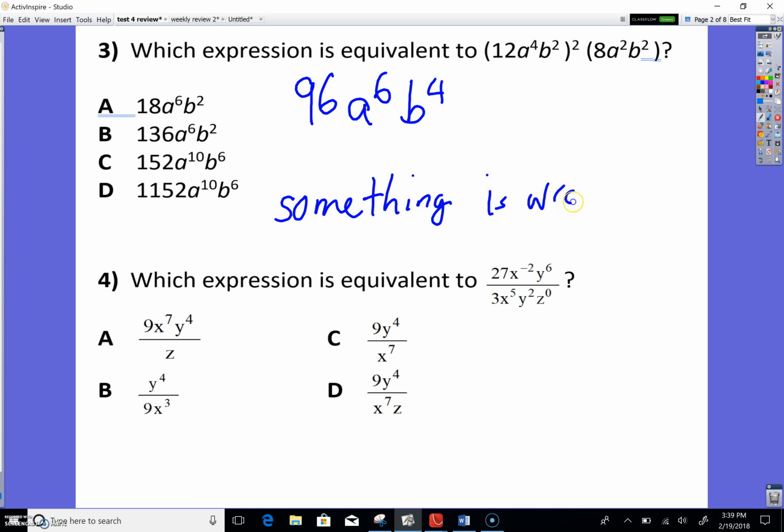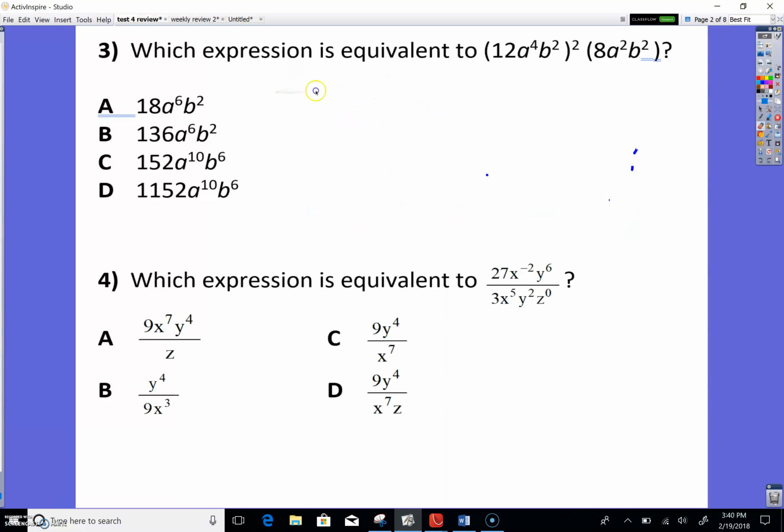Maybe you didn't copy right. Oh, sorry. I did not look at it correctly. I didn't see that square there.